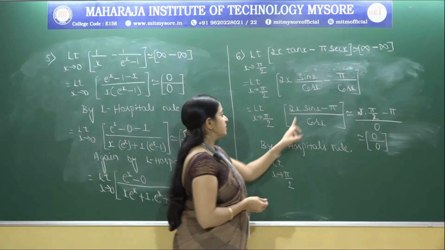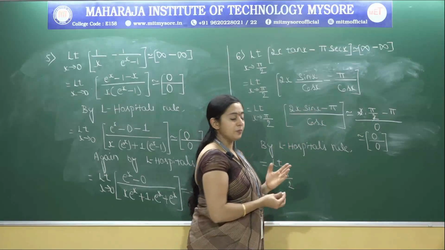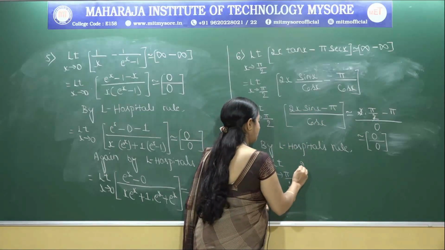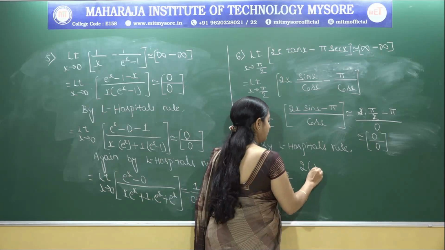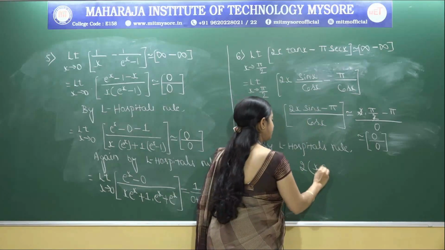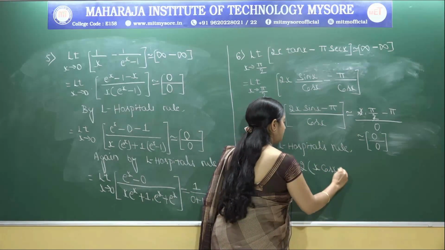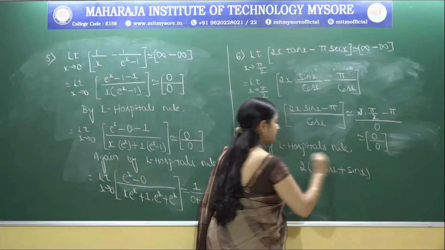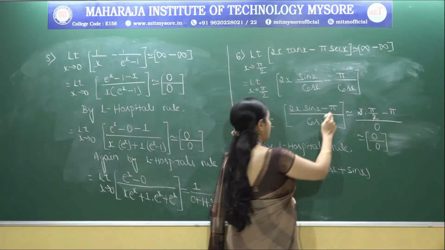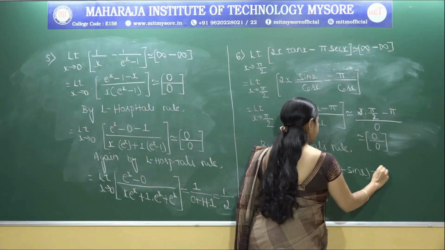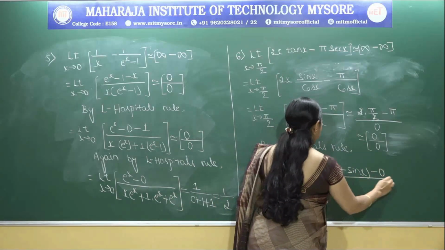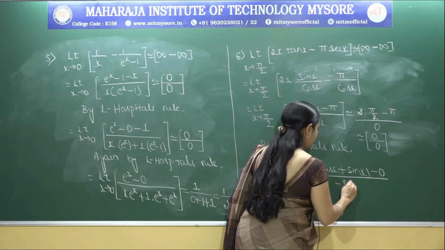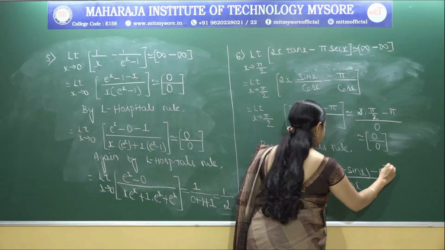So the first one, since you have the x and sin x, apply the product rule by keeping 2 as it is. The first one, keep the x, sin x differentiation cos x plus x differentiation is 1, you will get sin x. Second term, pi is constant, the differentiation is 0. Denominator, cos x differentiation minus sin x.